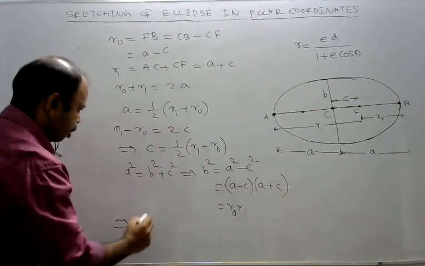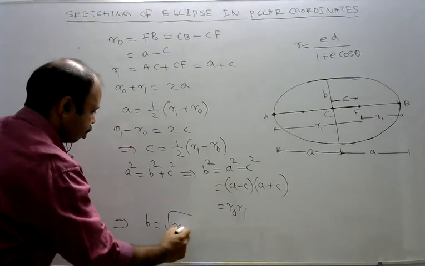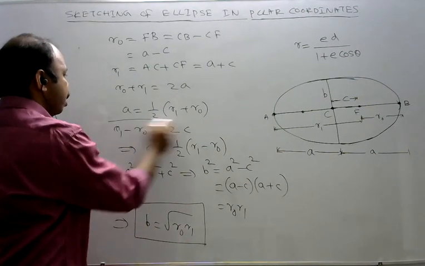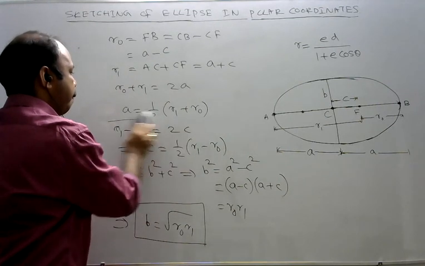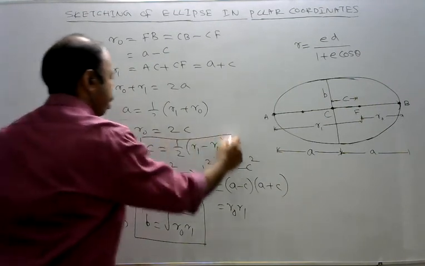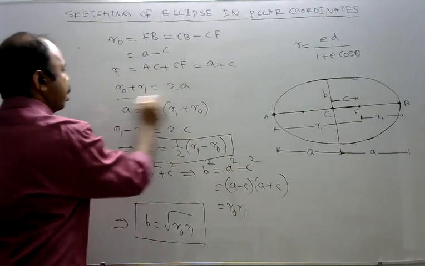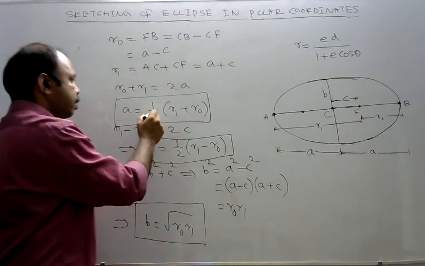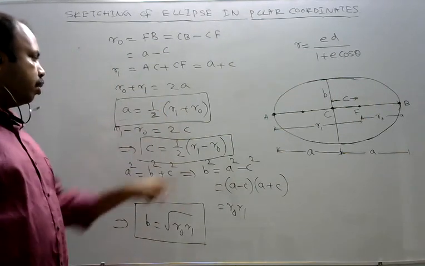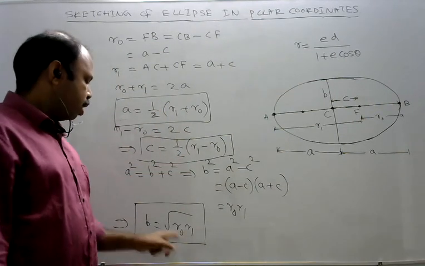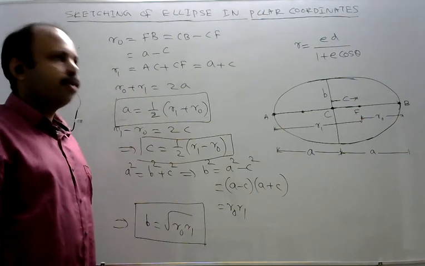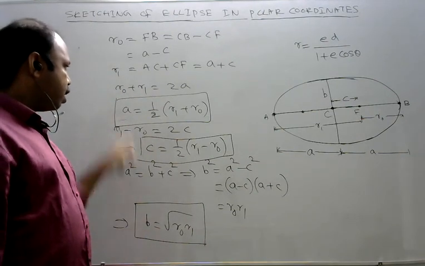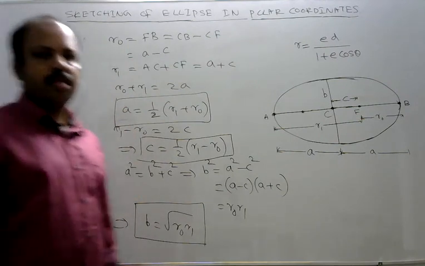That shows that B equals root of R0 R1. So, we remember these three formulas: A equals (R1 plus R0) by 2, C equals (R1 minus R0) by 2, and B equals root of R0 R1. Using these formulas, we can determine the values A, B, and C.